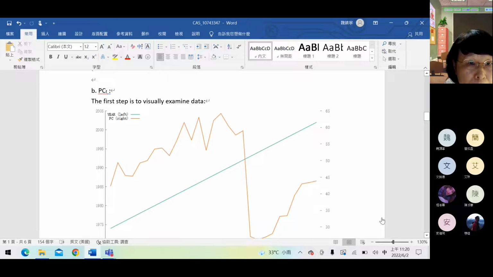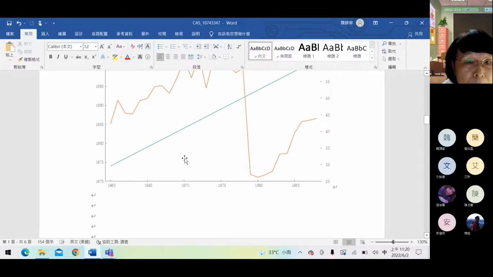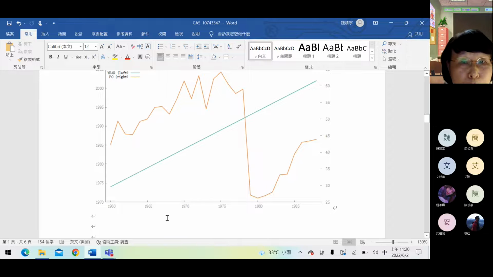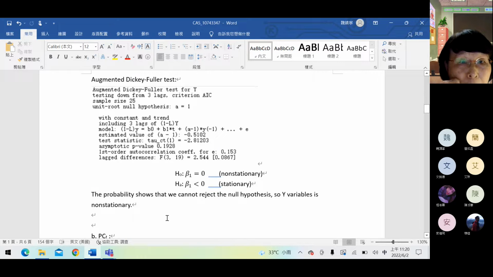Esther, move back to the first one. Let me use your example to do some explanation. I'd like everybody to see this one.